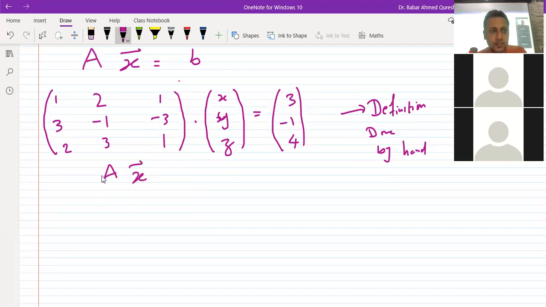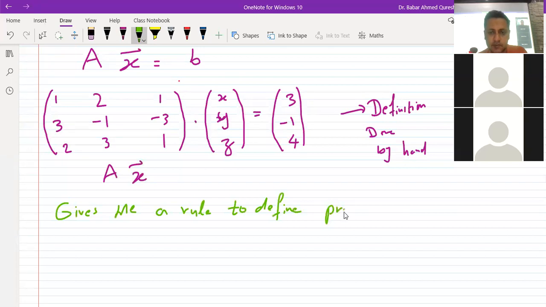So this splitting open gives me a rule to define a product. Sometimes people like to call it action, but let's stick with product of a matrix with a column vector.